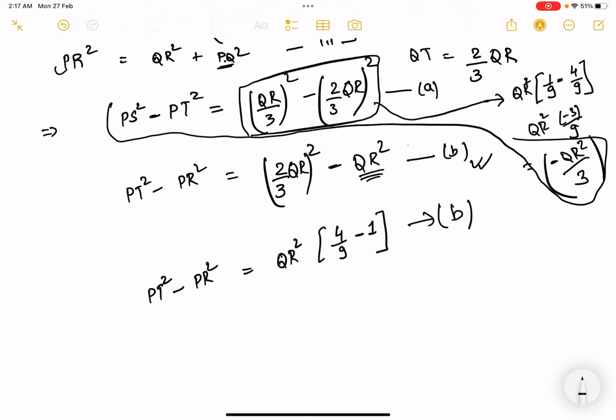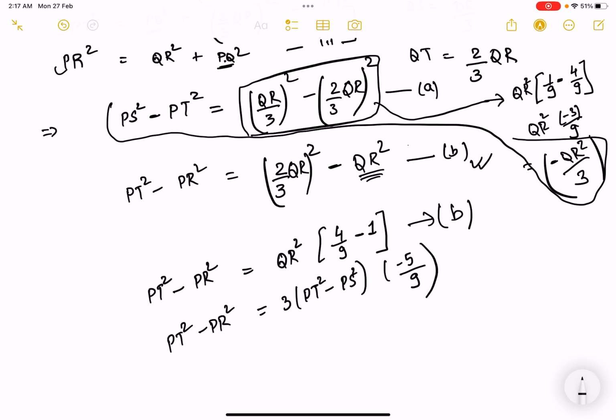So PT square minus PR square is equal to, QR square will be 3 times PT square minus PS square, and here we are left with 9 minus 5.